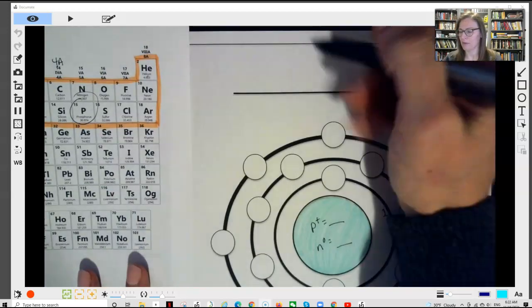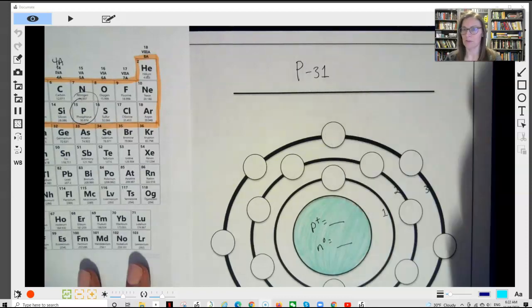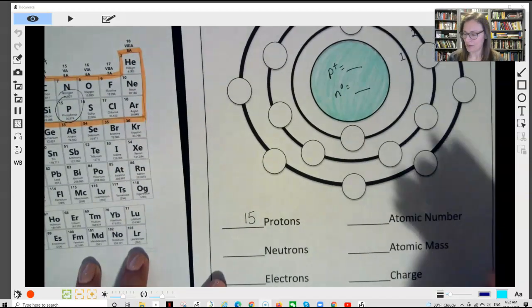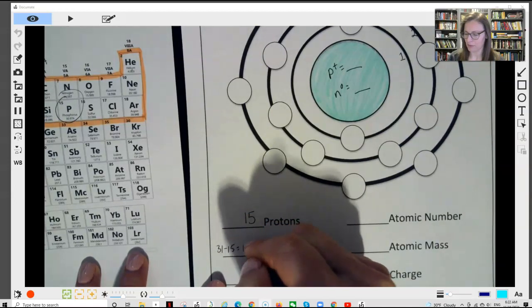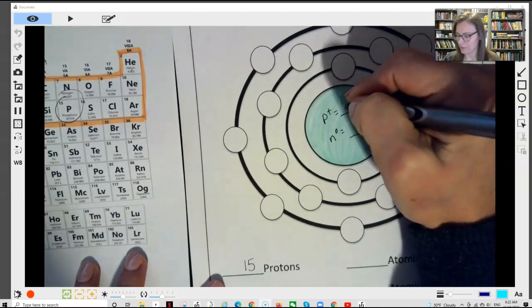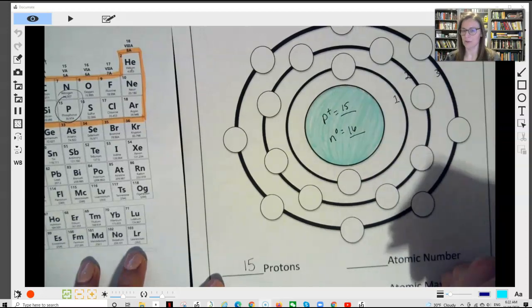So if I come up here and say phosphorus 31 is what I'm going to do, that means for my neutrons, I need to take 31 minus 15, so that gives me 16 neutrons. So I can go to my nucleus and do this. 15 protons, 16 neutrons. Okay?